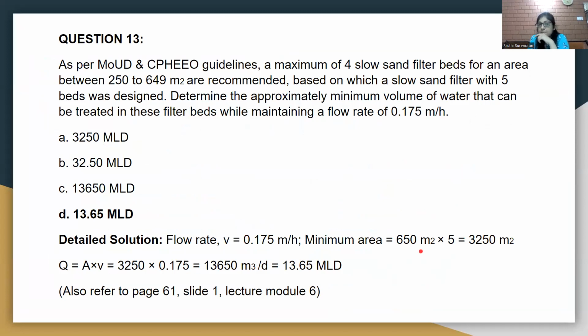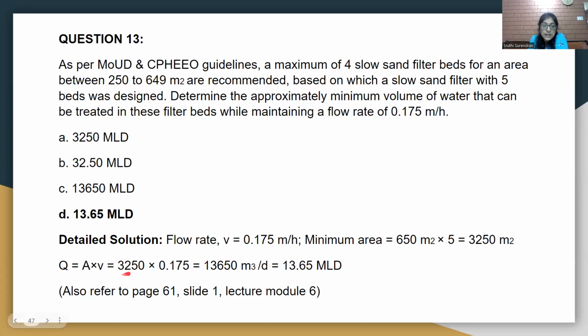And we know that we have 5 beds. So total area would be 5 into 650. Since they have said that for areas between 250 to 650 for maximum efficiency, we are going to be using this value. So if this is the area of the bed, we have 5 beds, and when we multiply these two values, we get the total area.